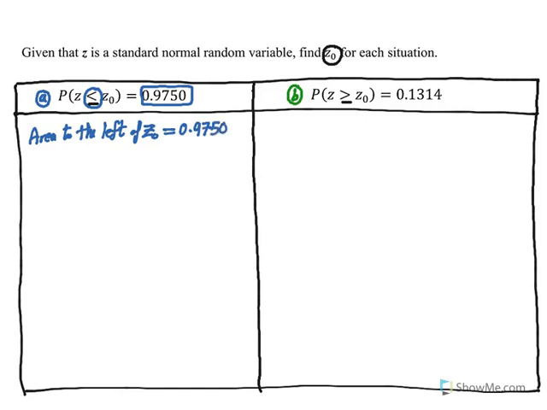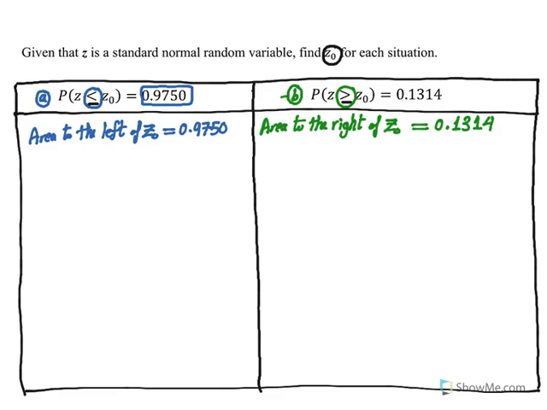For the second question, notice that it's bigger than or equal. So this, what you are given is that the area to the right side of Z0 is equal to 0.1314. Okay, this is important to know so that you understand how to go.